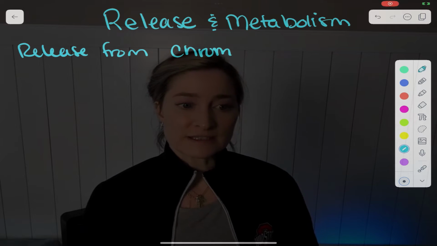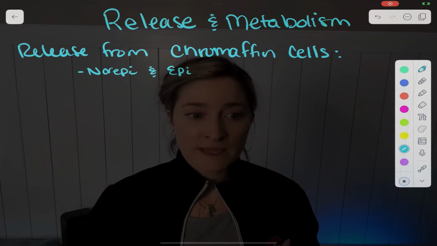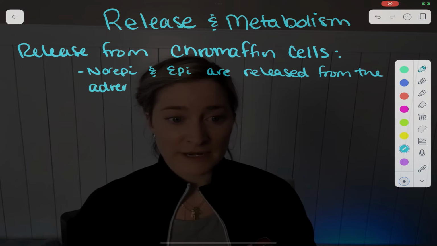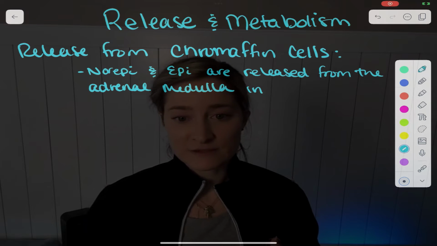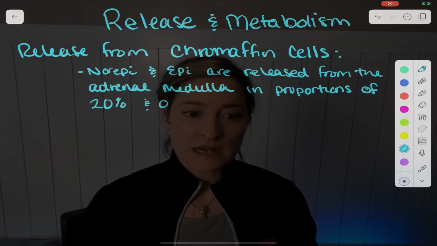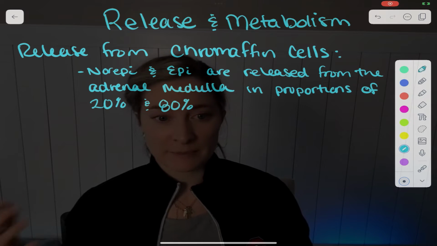So the release comes from the cells called the chromaffin cells. And the chromaffin cells, like between norepinephrine and epinephrine, they're released from these cells within the adrenal medulla in proportions of approximately 20 to 80%, meaning 20% norepi and 80% epinephrine.